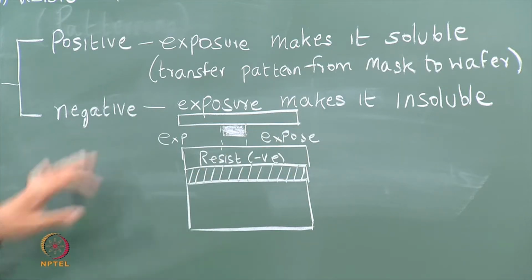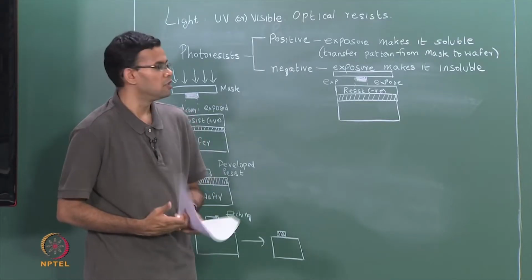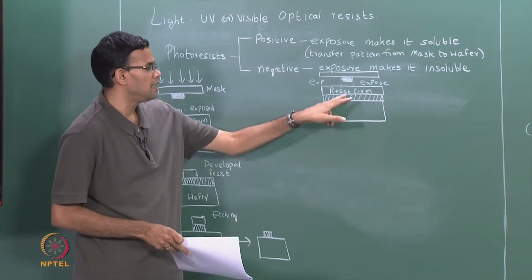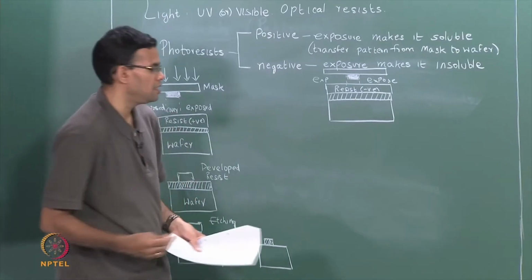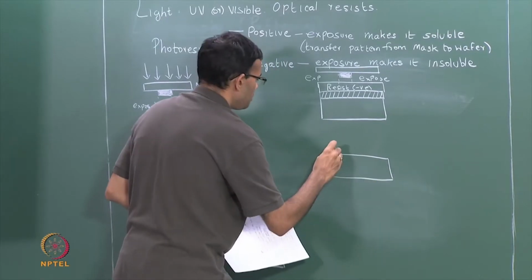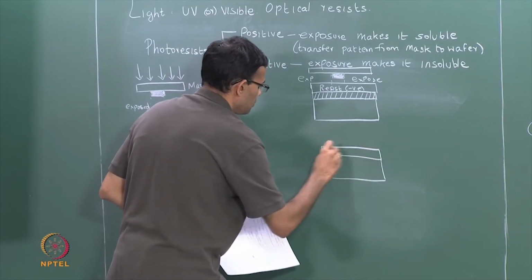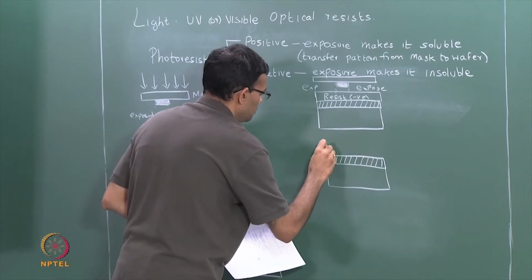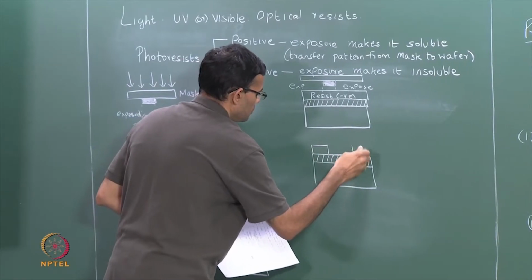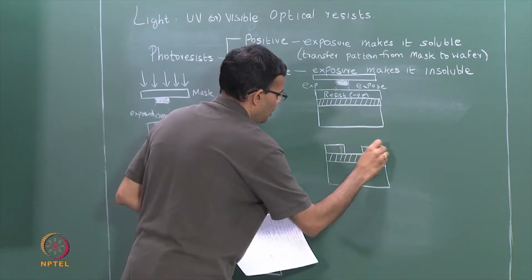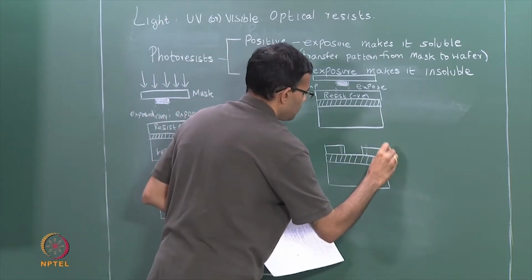In the case of a negative photoresist, the exposure makes the region insoluble, so that these two regions are now hardened and are difficult to remove, while the region that is covered can be easily removed. So, after developing, what we are left with is the oxide layer and two regions of resist.